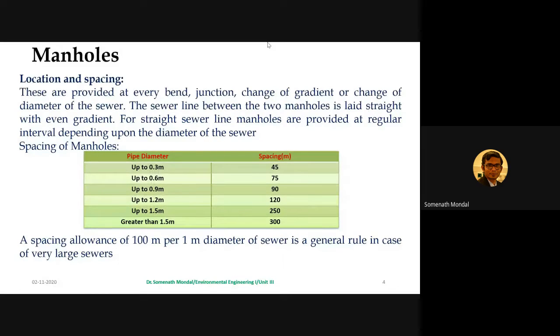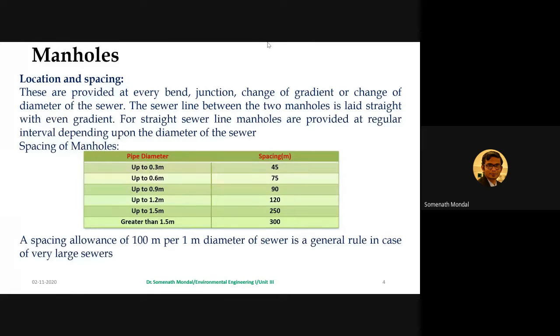Subsequently, with increase in the diameter, the spacing is also increasing, and finally for 1.5 meter diameter sewer pipes, which is very unusual, you have 300 meters gap or spacing between subsequent manholes.